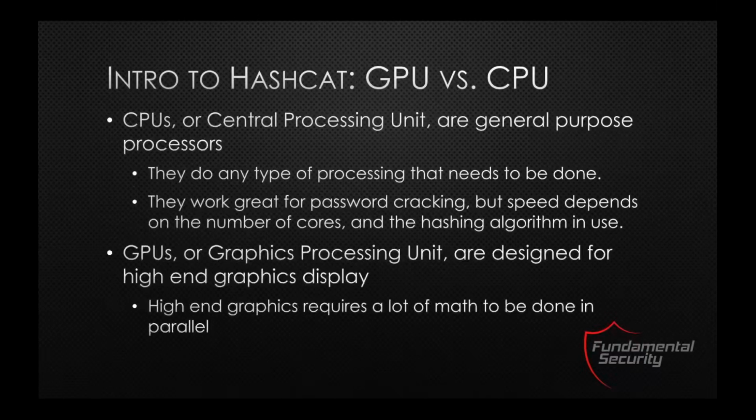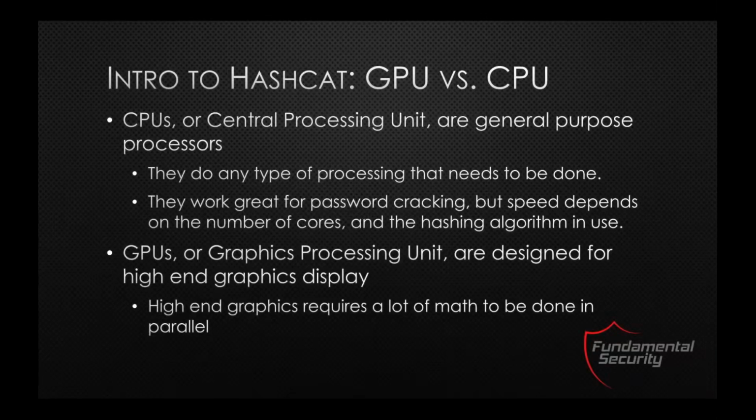All right, so as we get into looking at Hashcat, it'll do 2 types of cracking. I mentioned CPU-based cracking and GPU-based cracking. To quickly establish the difference between a CPU and a GPU, I want to define each one and explain what they're good for. A CPU is your central processing unit. It is a general purpose processor.